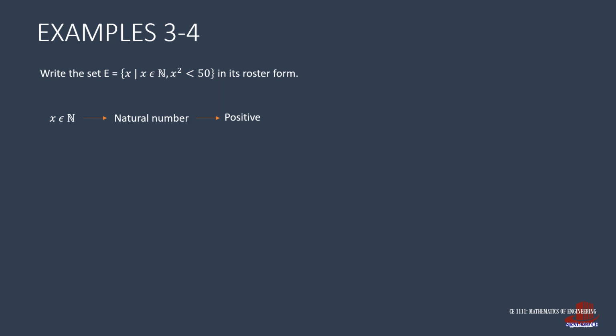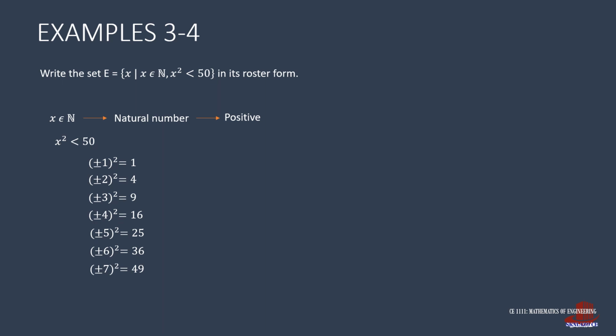The square of x should also be less than 50. So we can limit x from positive and negative 1 squared as 1, 2 squared as 4, 3 squared as 9, positive and negative 4 squared as 16, 5 squared as 25, positive and negative 6 squared as 36, and 7 squared as 49. The last one is the closest square to 50.